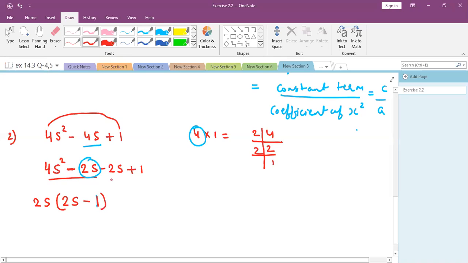Right. Now from the last two terms, if you see, nothing is common. So definitely we can always take 1 as common.